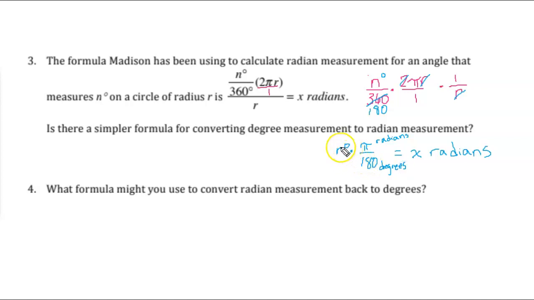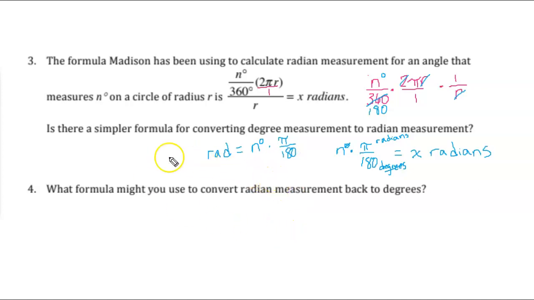So if I'm multiplying degrees by radians over degrees, the degrees will divide out and I'm left with radians. So this goes back to also thinking like in science class as a conversion. So now we know that radians is going to be equal to the number of degrees times pi over 180.